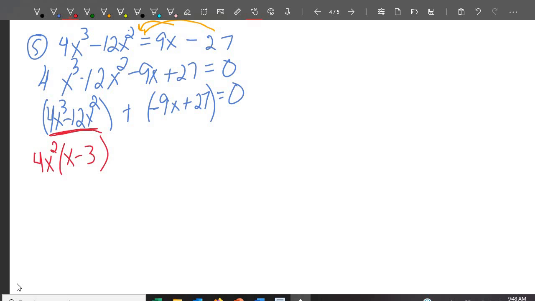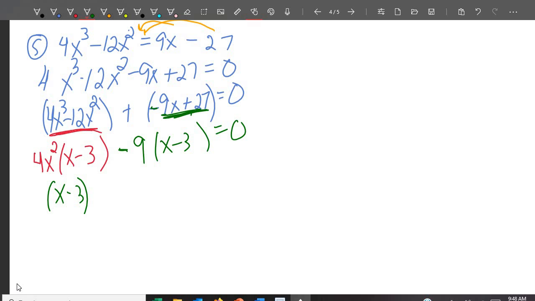Now we've got to remember, we got to make this parentheses match the x minus 3. Now, because there's a negative sign in front, the GCF is negative. In this case, it's negative 9. So we're left with x minus 3 in the parentheses. So the x minus 3 is part of my factored answer.